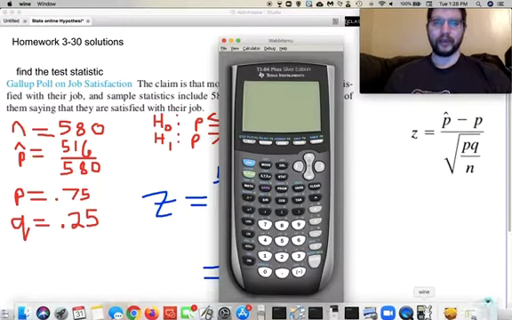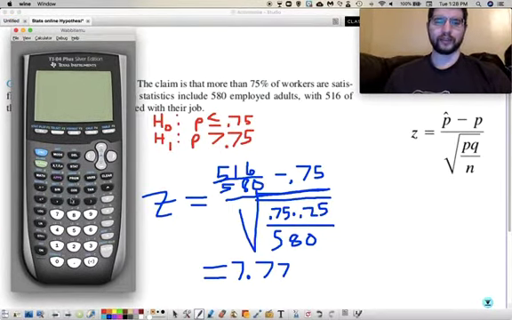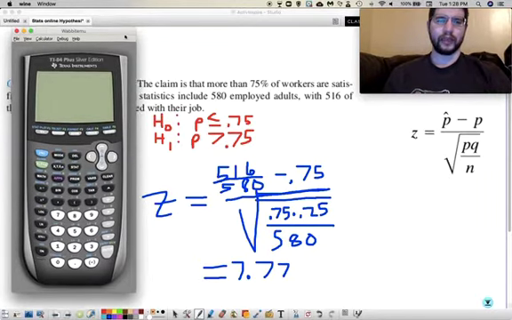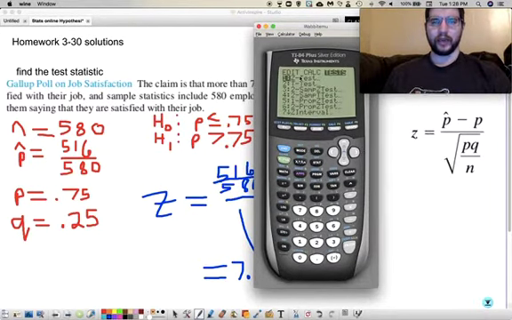Now, if you're using a TI, even though it doesn't ask you to do the full hypothesis test, you could still use the hypothesis test to get your test statistic. So if you go to Stat, Tests, this would be a one-prop Z test, number 5. p0, okay, so that's our 0.75. That's the actual p, not p hat.